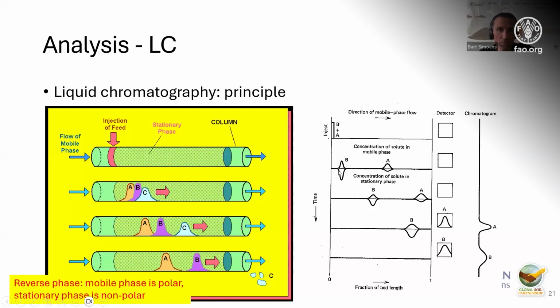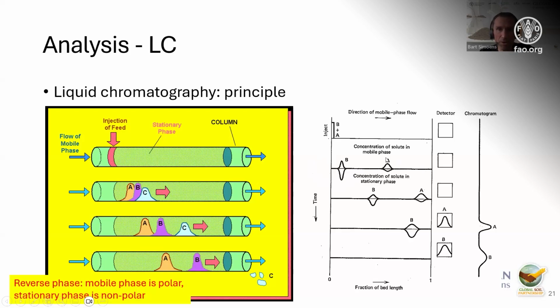For B, it's the opposite. We see that the area of this bump is larger than the area of this peak. And what is below the line is the concentration in the stationary phase. B is more or less non-polar. It will spend a lot of time in the stationary phase, meaning that it will take a lot of time to travel through the column.